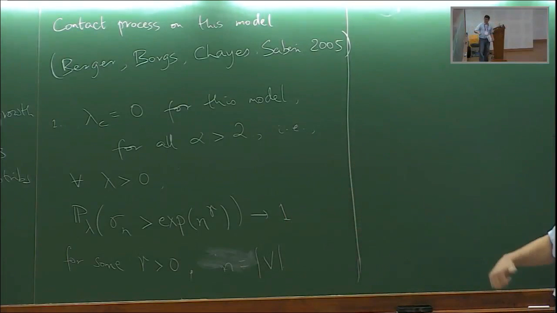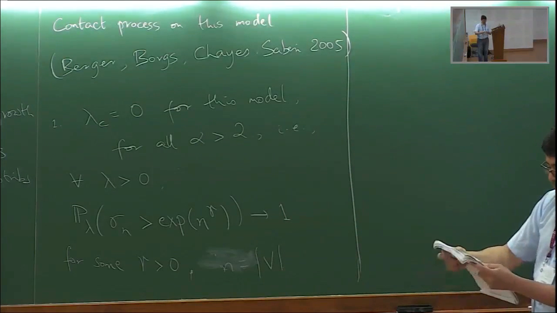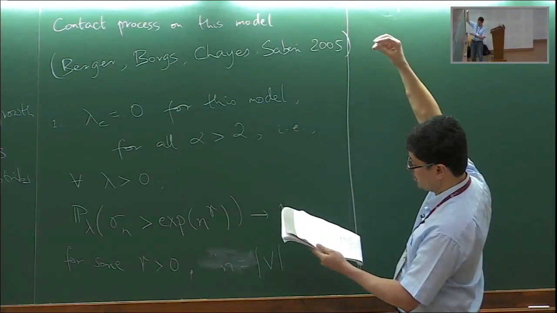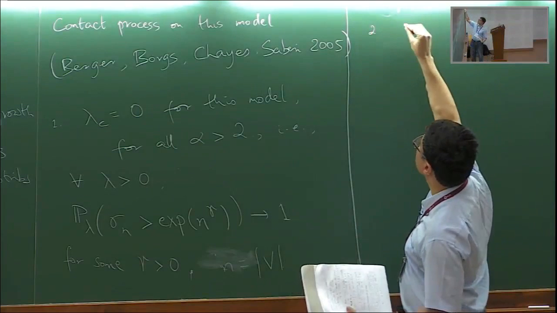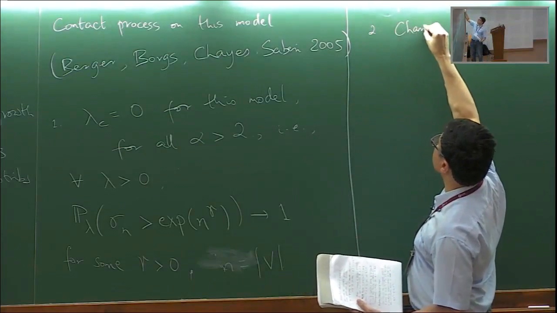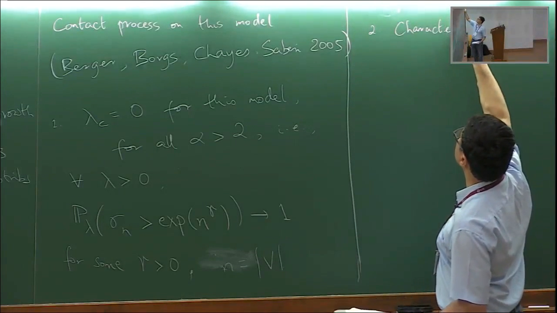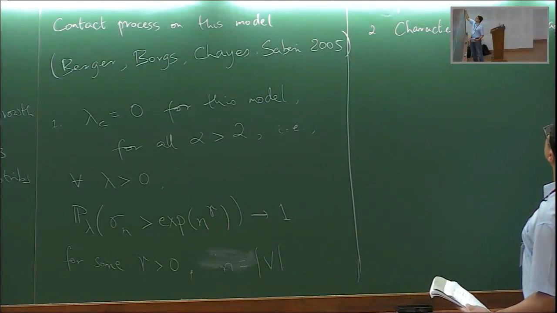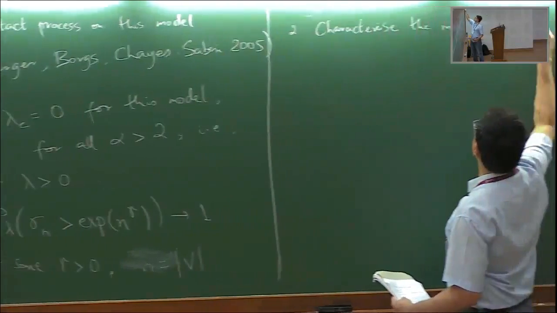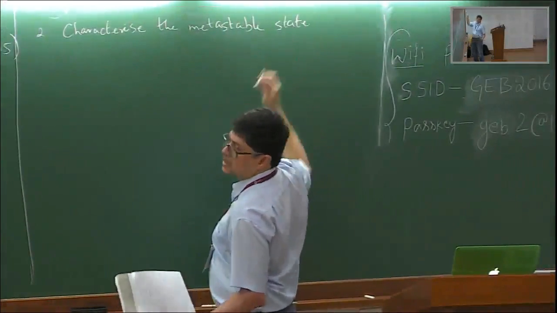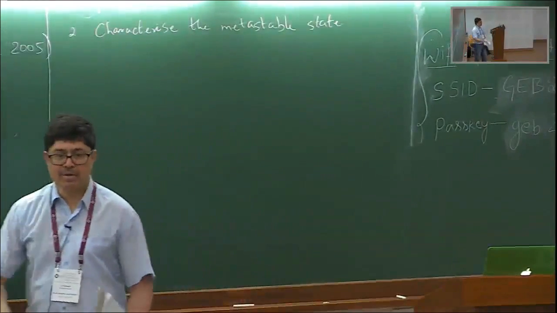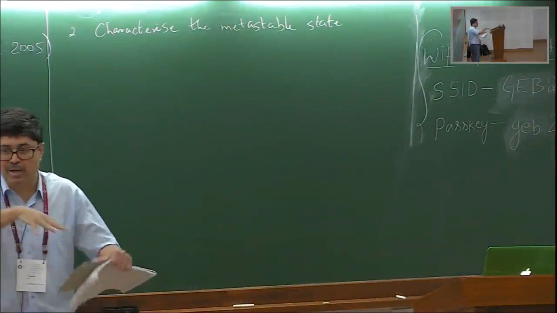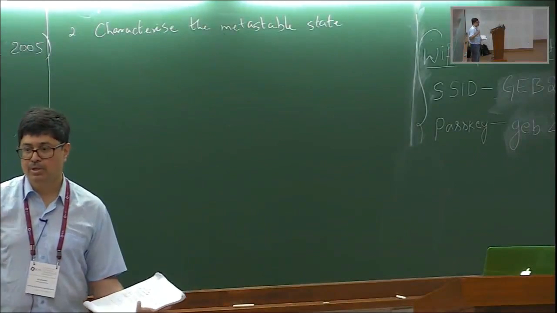Okay, so this was their first result, and the second part of their result is that they also characterize the metastable state. So you have a long-lived epidemic, and you can ask over this exponentially long time, is there some kind of pseudo-equilibrium?